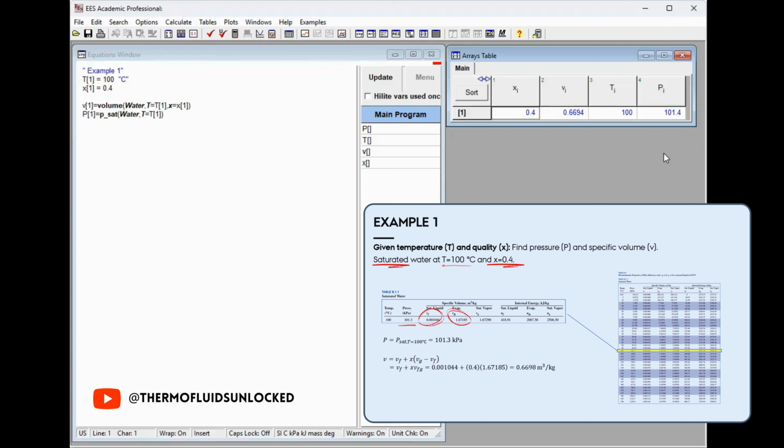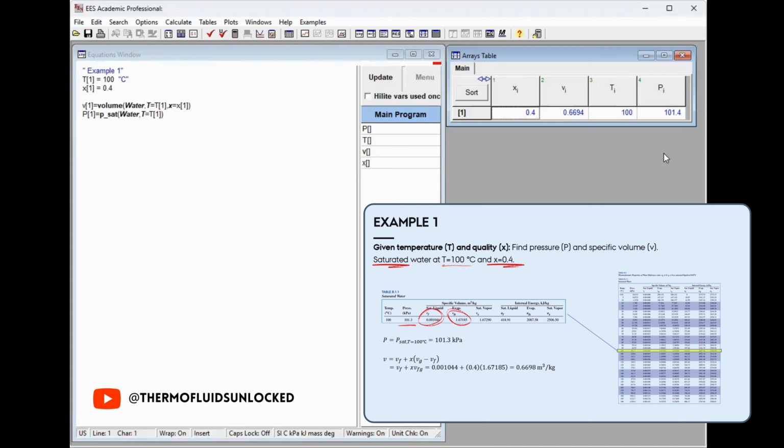And to calculate the specific volume of that mixture, we use this correlation, which in a way finds an effective specific volume for the mixture equals the specific volume of saturated liquid plus X multiplied by the difference between the specific volumes of saturated vapor and saturated liquid.